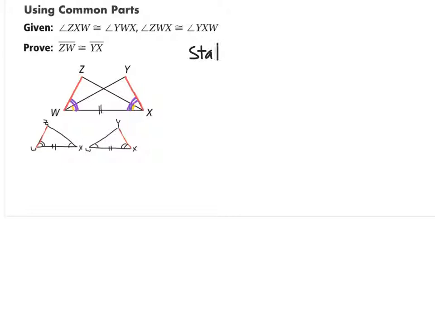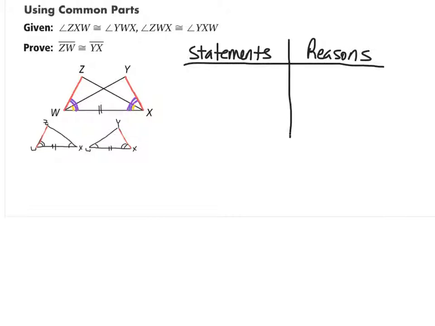One is for statements. One is for reasons. And our first statement should be our givens.